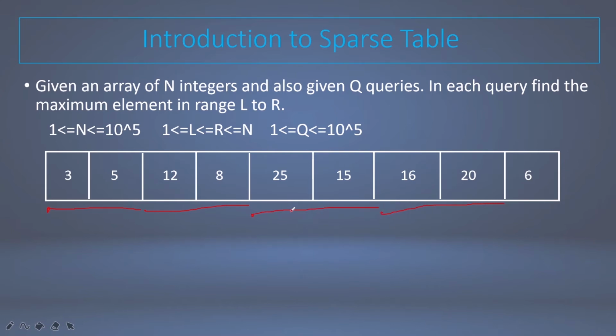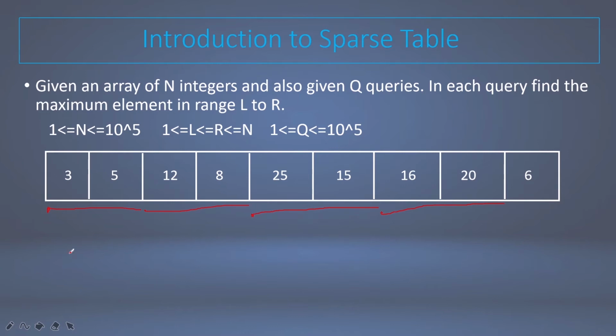In this way we will make all the size-2 blocks. Then we can traverse from L to R and update our answer. But there are n by 2 blocks, right? So we have to traverse n by 2 elements. So this is all actually the same. This is not providing much optimization, right?